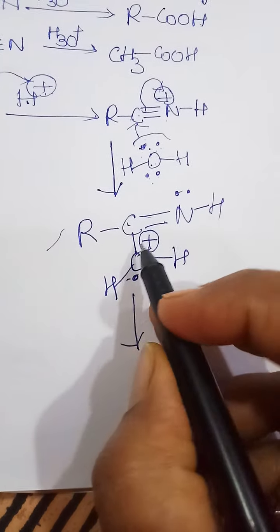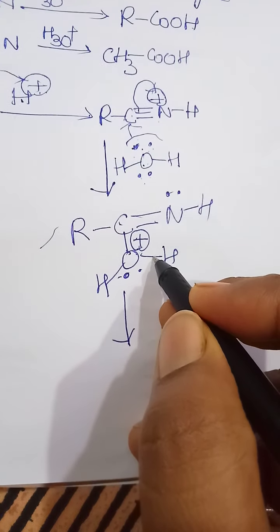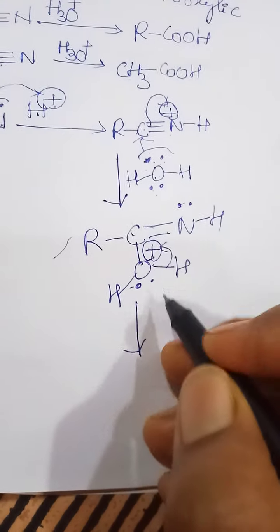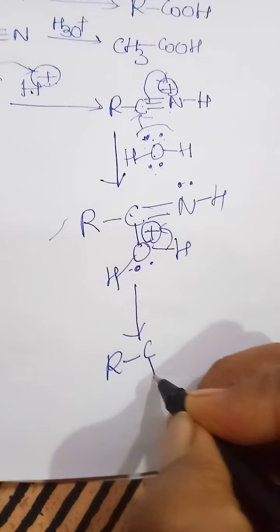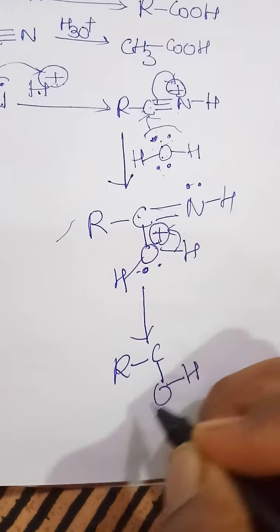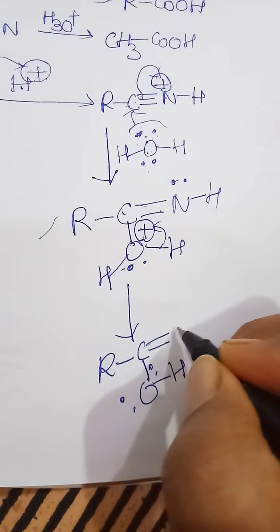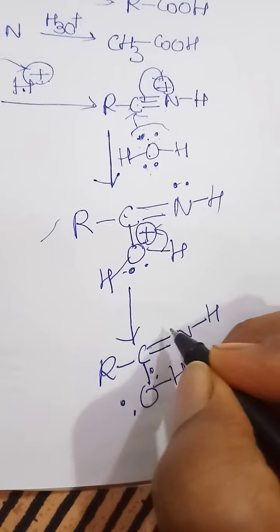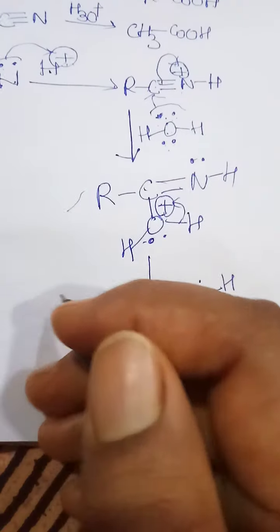Now simply to remove this, what happens again? These 2 electrons will be going, and here you can write C OH, as I am writing the 2 electrons, double bond NH with this. Now what happens here?